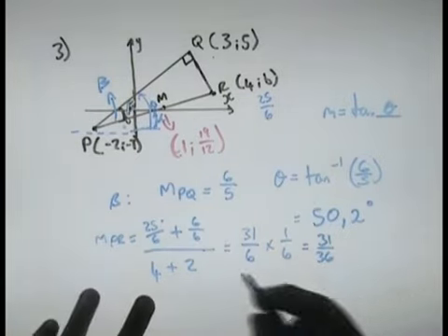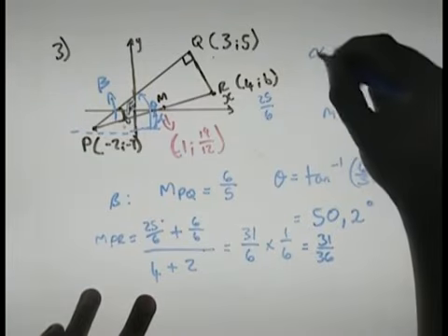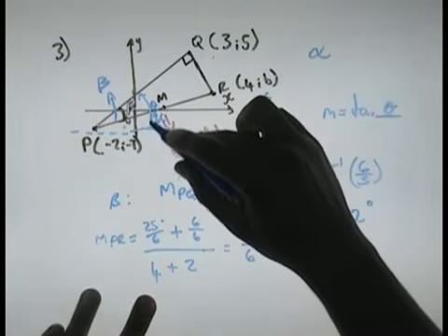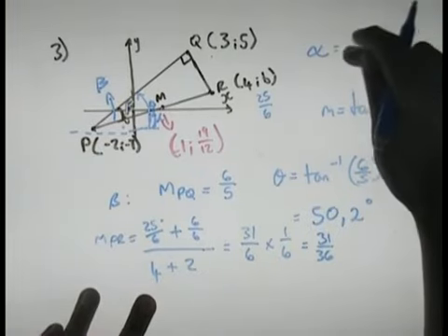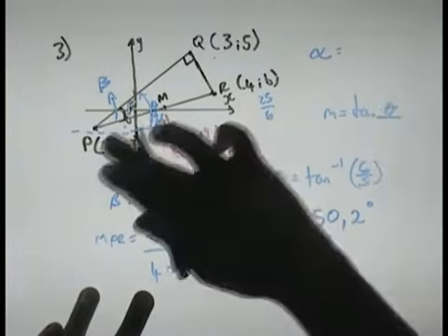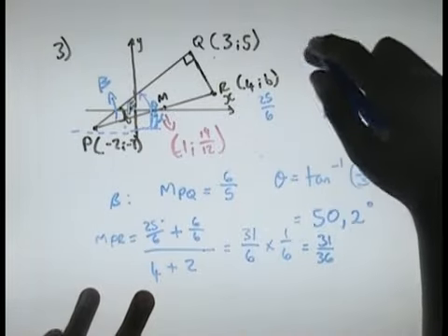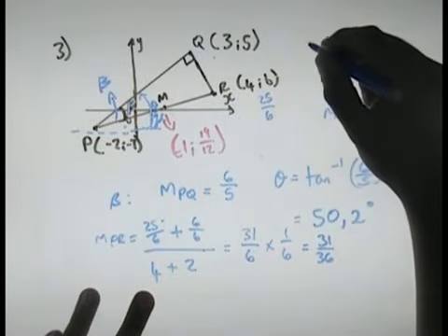Now remember, we know that alpha, that small angle there, is equal to tan, or rather m, the gradient of PR.